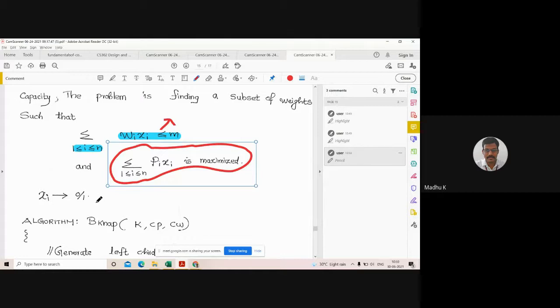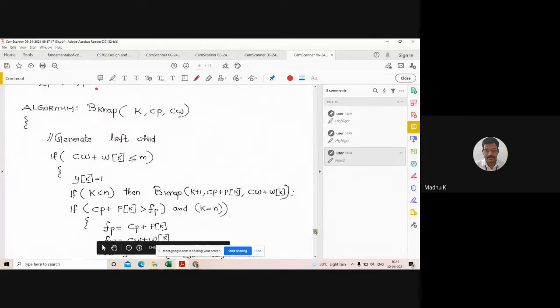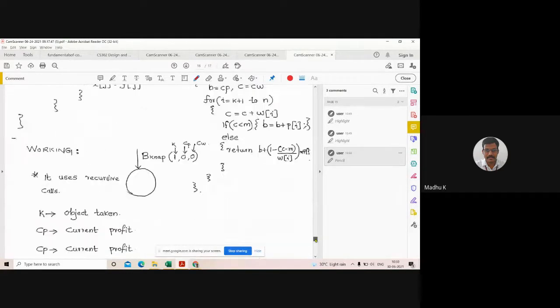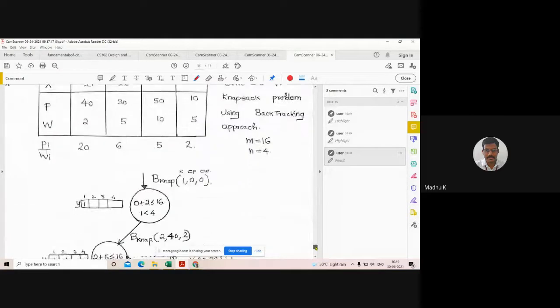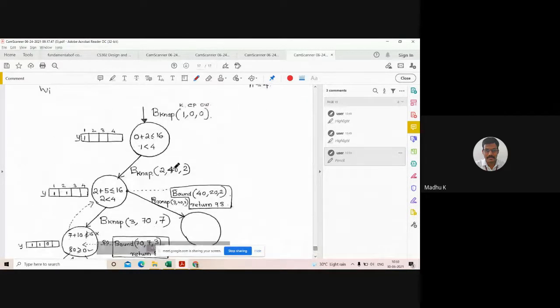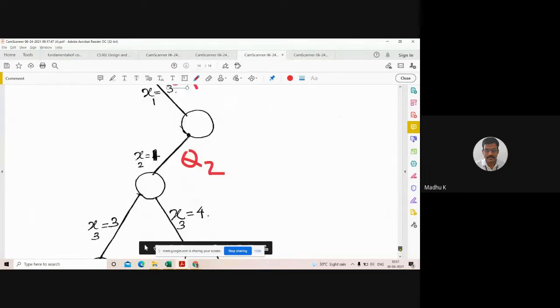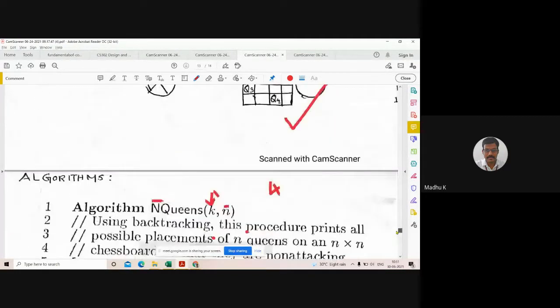Okay, so next we want to discuss the algorithm, because this is somewhat complicated. Its working is very complicated, that is, creating the state space graph. In the previous case we discussed the N-Queens problem and how we can create a state space graph based on this algorithm.